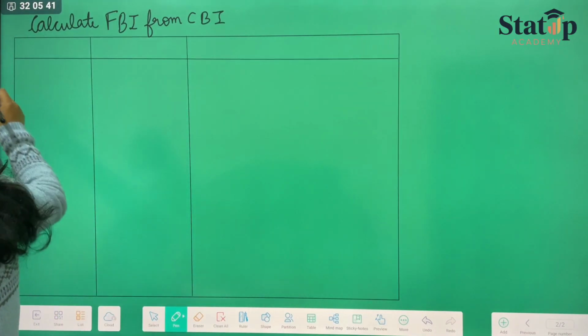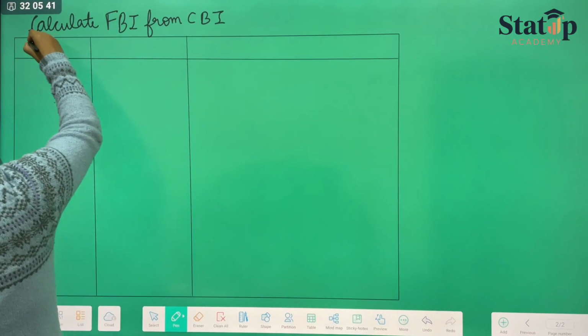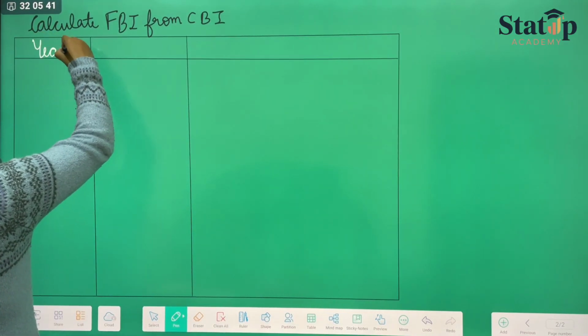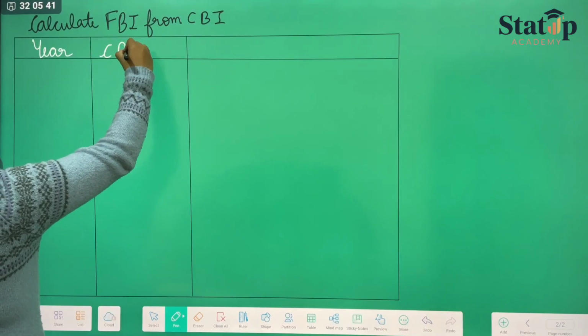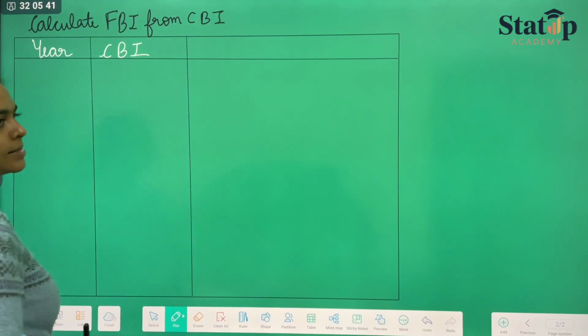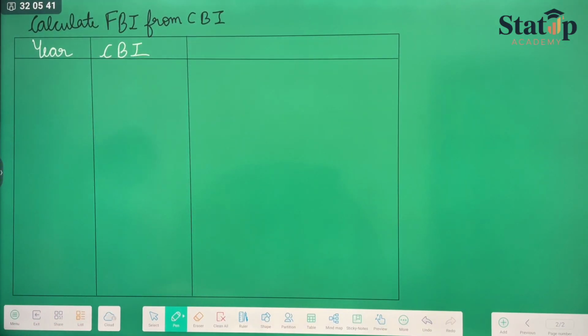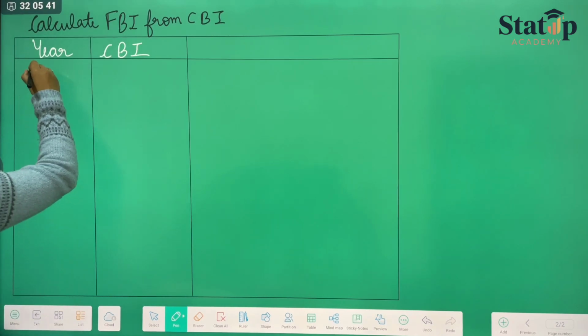So the data says that we have been given year and chain base index number, I'm writing it CBI. So years are from 2005 to 2011.